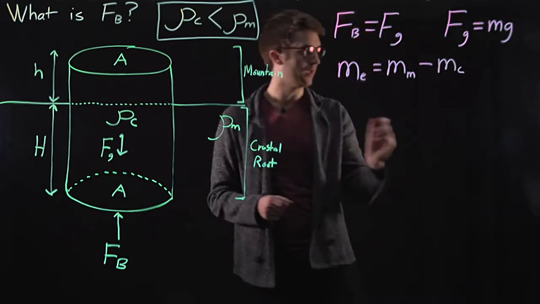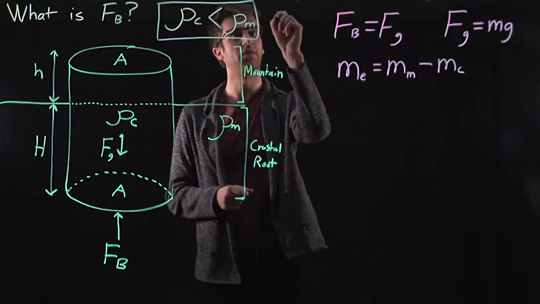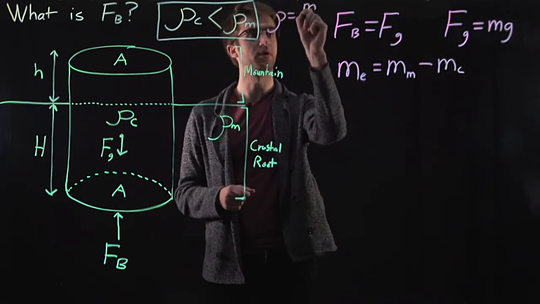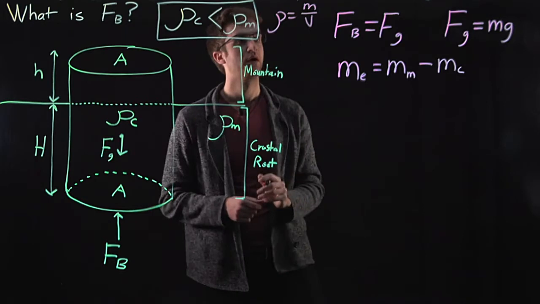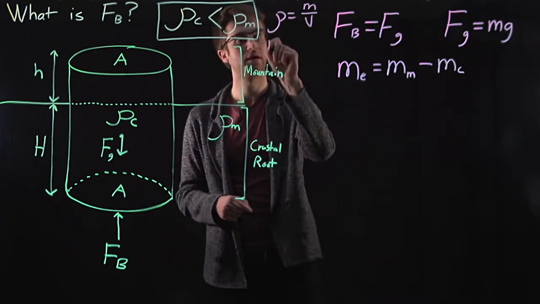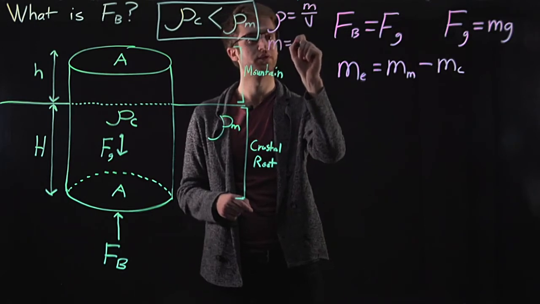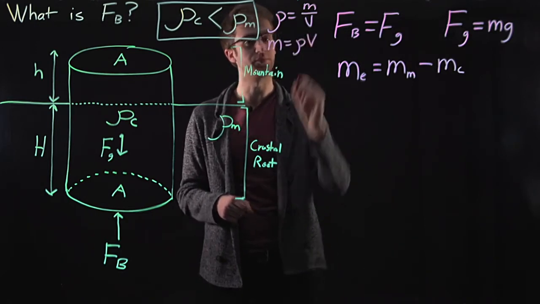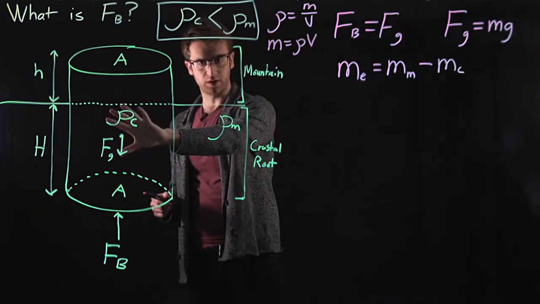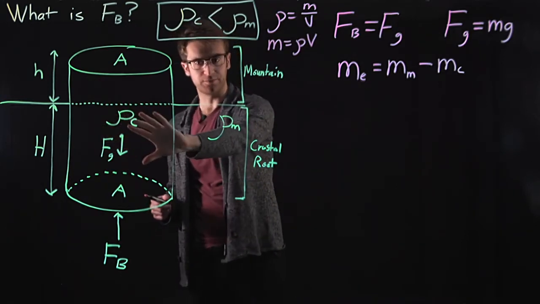We know that density equals mass divided by volume, which, when we rearrange this, means that mass equals density times volume. So what is the volume of this displaced mantle?